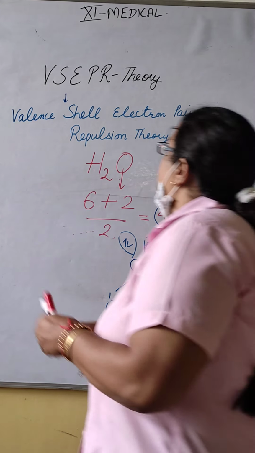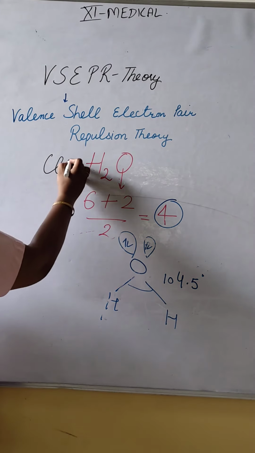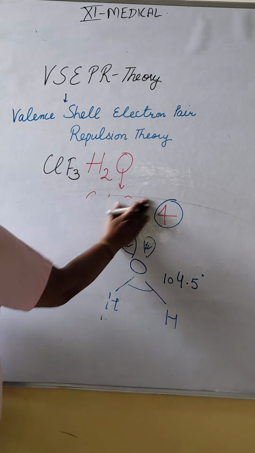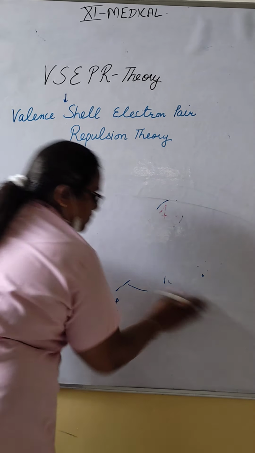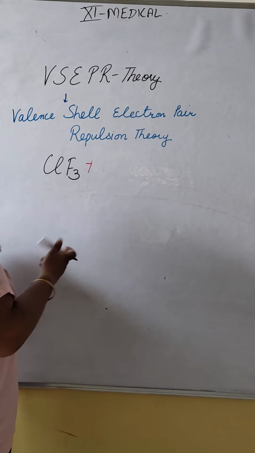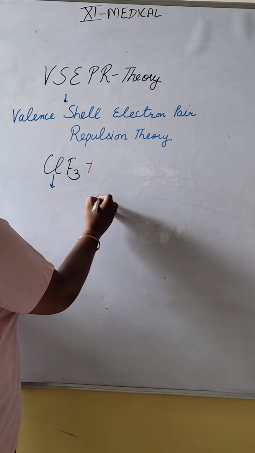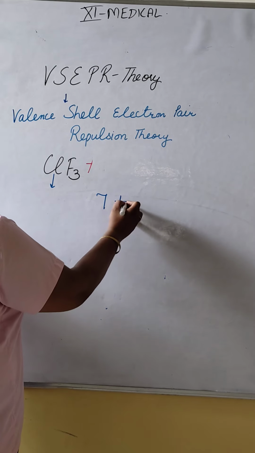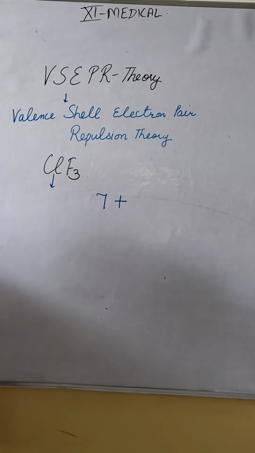Draw the shape of ClF3. How many valence electrons does the central atom have? 7. How many monovalent atoms?